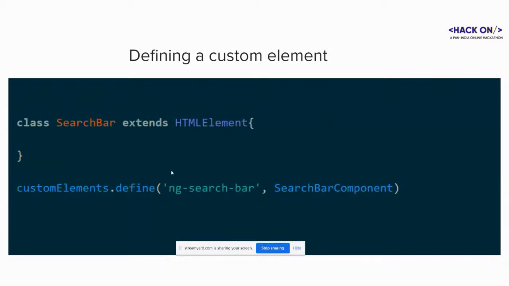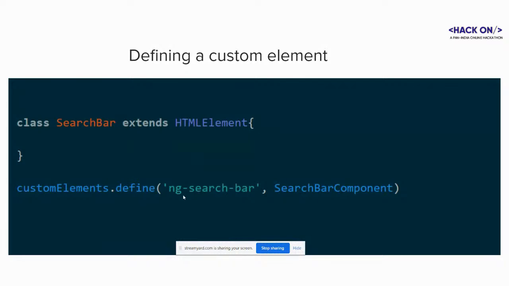Once that is done, and you can define any functionality inside this class, then you need to define it and register it to the browser. That's done by using the define method of the custom elements API. So you would simply do customElements.define. This is the selector name that you would give to your component. For example, if you're using the color picker tag.